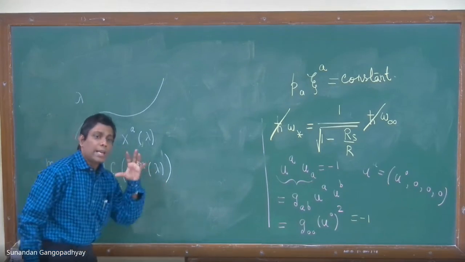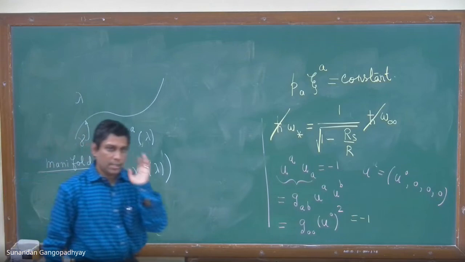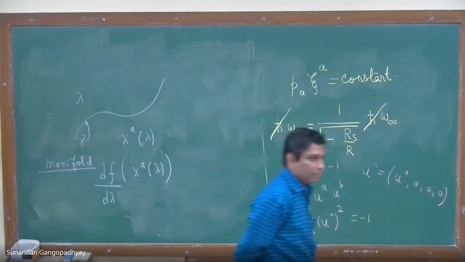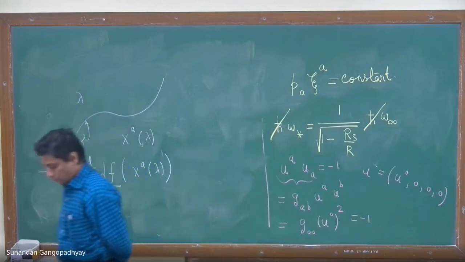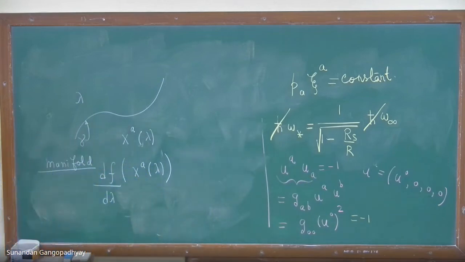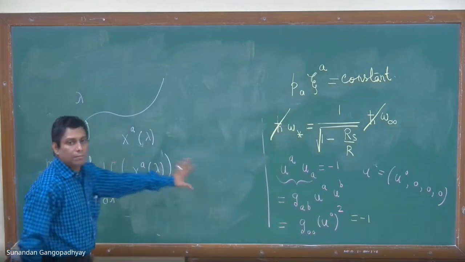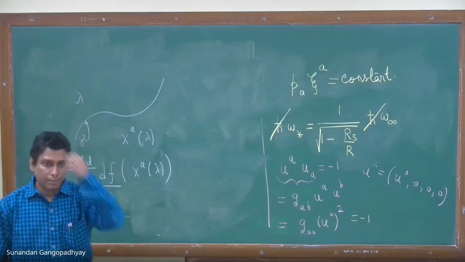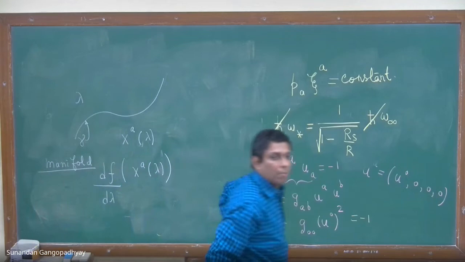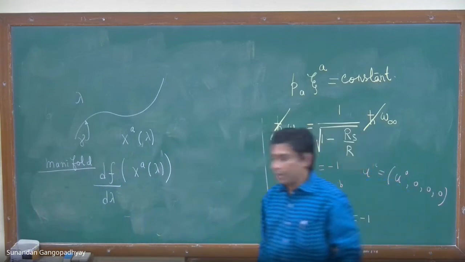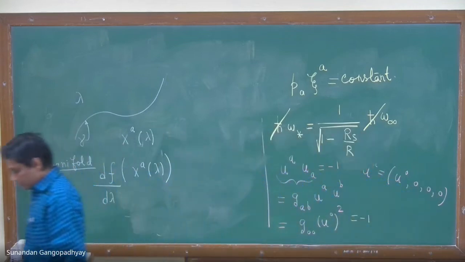This function is a scalar quantity. It's some number. There are no indices, right? So if you go from one frame to another frame, you will get the same number. It's a scalar quantity.